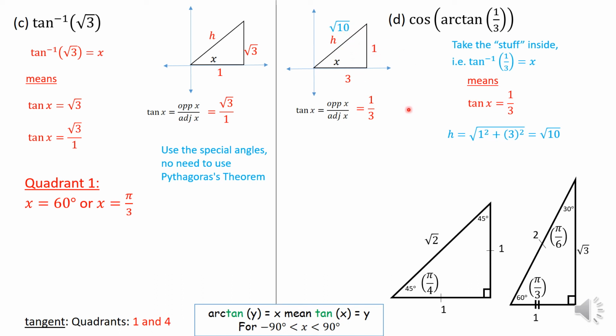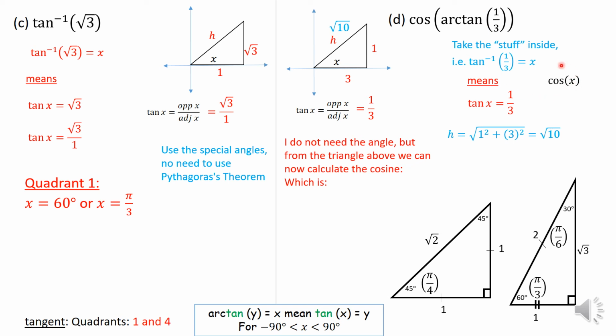Now what's important here, I have said that stuff there should equal x. So I don't need to find the angle. That's not what we are doing here. We're looking for that particular ratio. Because I said that stuff is equal to x, in order for me to use that x, I need to find the cosine of x using this triangle. And you know that cosine is nothing but adjacent, which is 3, over the hypotenuse, which is root 10.